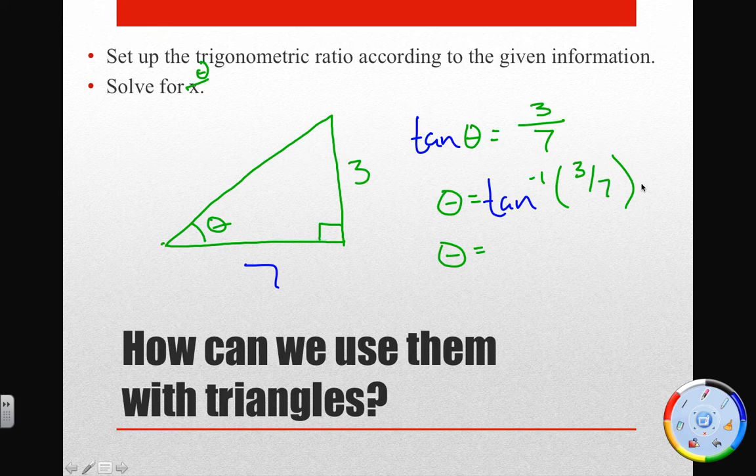So tan inverse of 3 over 7 is actually 23.19, or sorry, 23.20. Okay, so notice the problem didn't become any harder by changing the sides. All we looked at is here's theta, you have the opposite and the adjacent side, which means tangent. We use tan inverse to solve for the angle, and we're done.